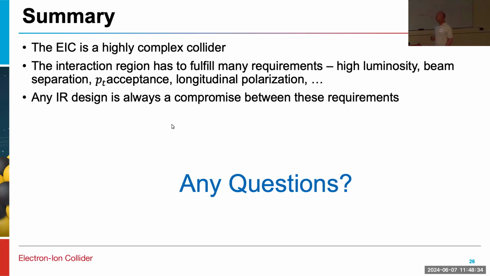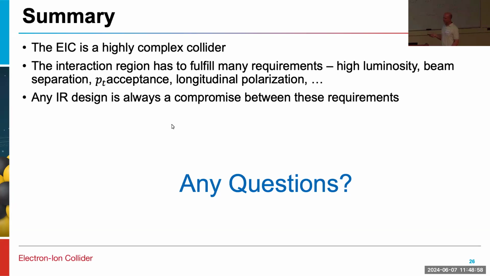We have crab crossing, we have polarization. And the interaction region of this machine has to fulfill many requirements: high luminosity, beams have to be separated, the acceptance for low PT particles, and longitudinal polarization.